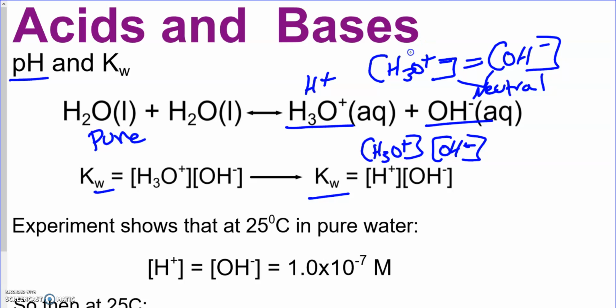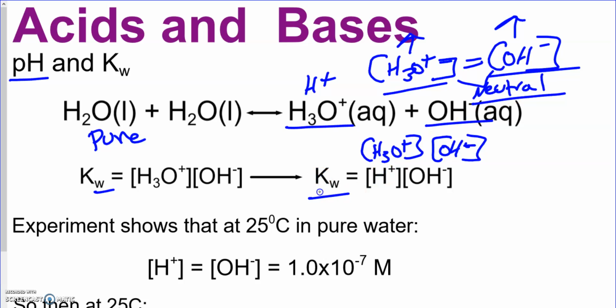If this hydronium ion concentration was to increase, we would end up with an acidic solution. If hydroxide was to increase, we would end up with a basic solution. So whichever species is more prevalent in solution is what causes our solution to be considered acidic or basic, or if both are equal, it is neutral.